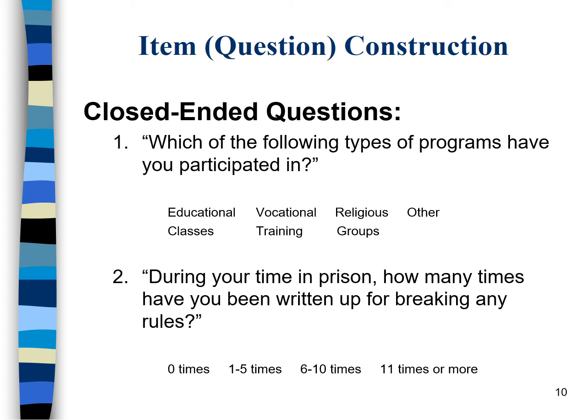All right, so looking at these, which of the following types of programs have you participated in? Imagine you're working in an area, you've got to balance having too many answer choices with too few. We'll talk about that more in a second. So I've got three of the standard programs that are offered in prisons: educational classes, vocational training, religious groups.